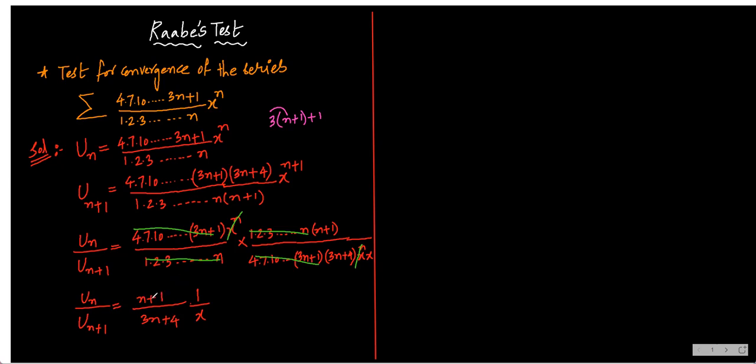Taking n common from the numerator and n common from the denominator, how will it be? Un by un plus 1 value is equal to n common, 1 plus 1 by n, in the denominator again n common, 3 plus, give me the answer.